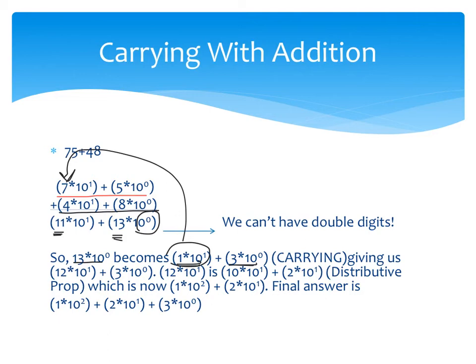That then gives us 12 10 to the firsts, but 12 times 10 to the first can't stay as 12 because that's 2 digits. So we'll break that down into a 10 times 10 to the first and a 2 times 10 to the first, which is 1 times 10 squared and a 2 times 10 to the first. So this gives us our final answer.